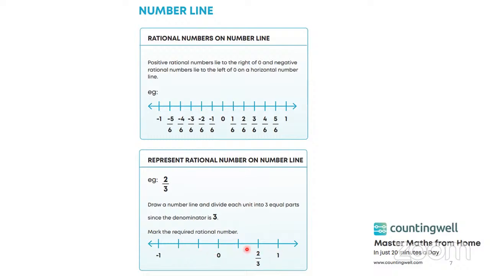So this line is divided into 3 equal parts. Or we can say the line segment between 0 and 1 is divided into 3 equal parts. And since the denominator is 3 and the numerator is 2, we will mark the required rational number at the second part. So this will be 2 by 3.